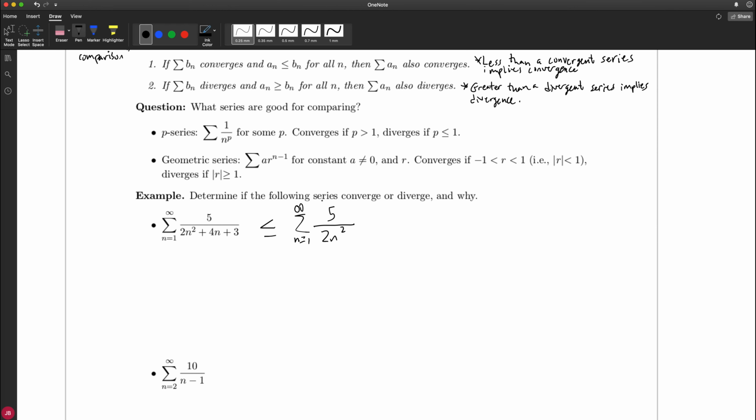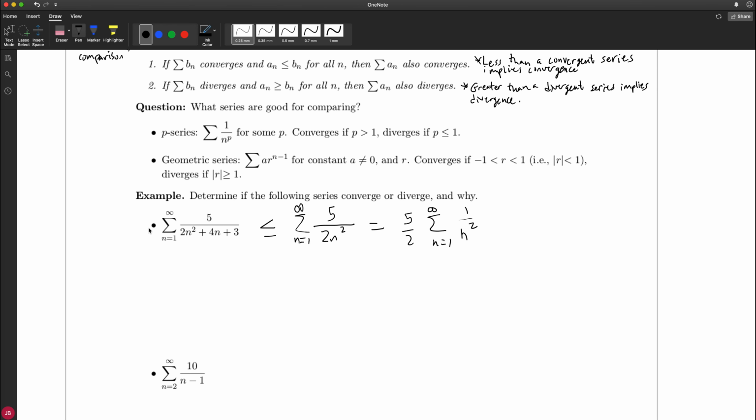And now let's look here. Well, this series is actually a p-series. Can you see which one it is? Would it help if I factored out the 5 halves? Okay, well, this is actually a p-series with p equal to 2, right? This is 5 halves times the sum of 1 over n squared. This we know converges, so multiplying by 5 halves doesn't change that.